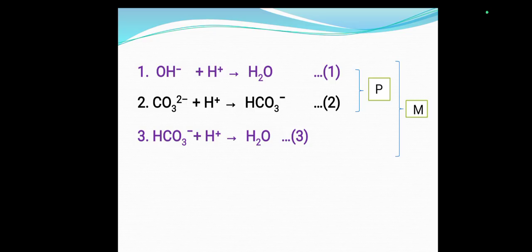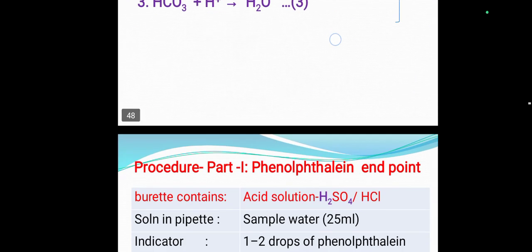For the third reaction we are using methyl orange indicator. So we use two indicators: the first indicator for the first two reactions, and the second indicator for the third reaction.